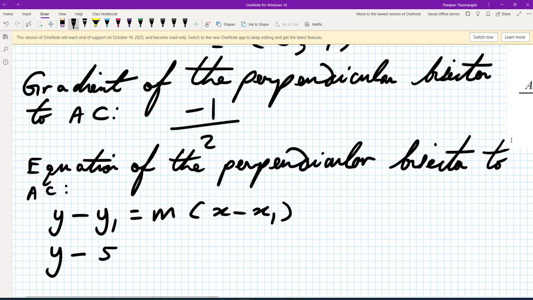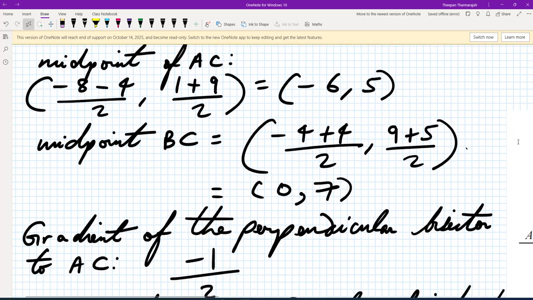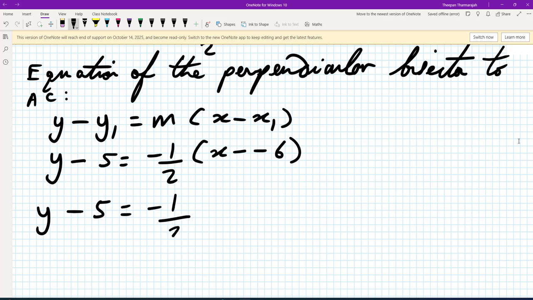Now we said that the gradient of the perpendicular bisector was -1/2, times x minus the x coordinate of the midpoint, which is -6. So we get y minus 5 equals -1/2 times x plus 6.